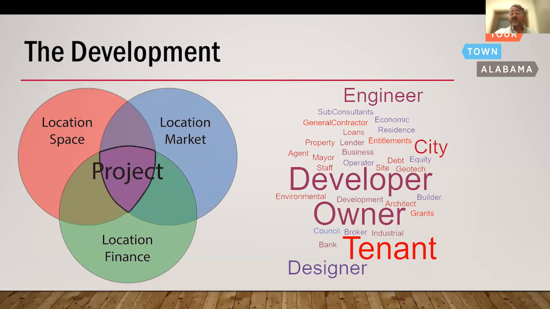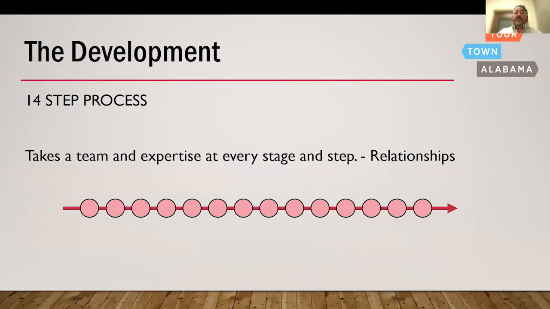And that takes time. So part of that time, what does that process look like? Typically, the way we start to define the real estate development process, we can look at it in about 14 different steps. And at every step along this process, there may be a different team member that has to provide expertise and or begin to understand what's going to come next.